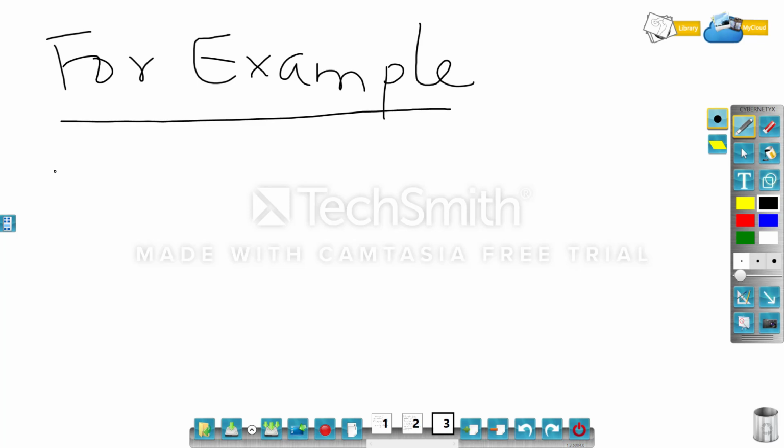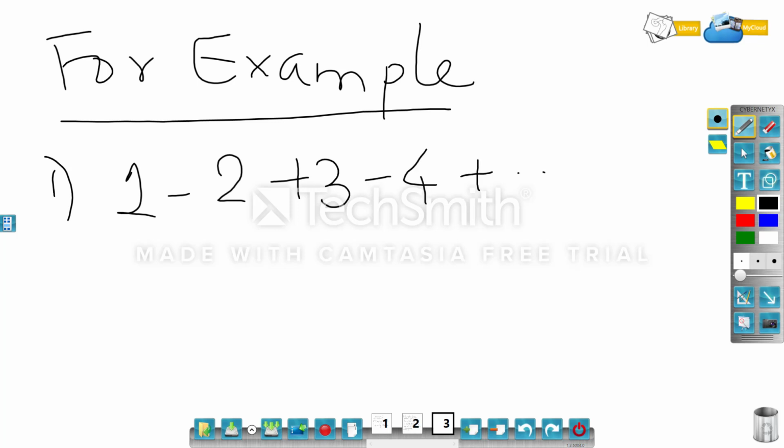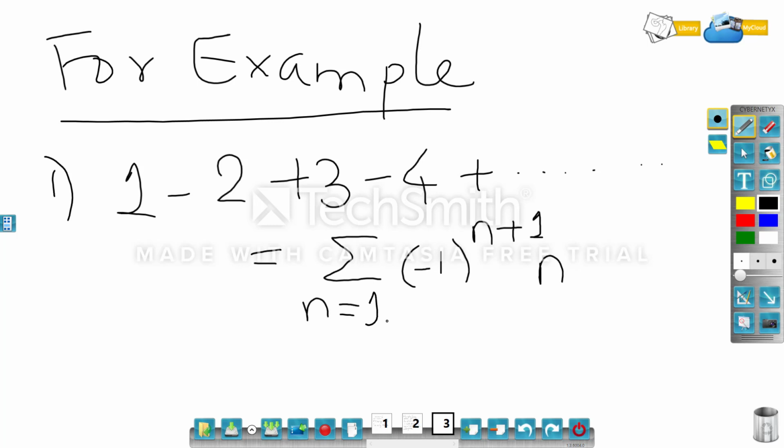Example number 1: 1 minus 2 plus 3 minus 4 plus ..., which is the same as sigma (minus 1) raised to n plus 1 into n, where n goes from 1 to infinity. If you replace n equal to 1, you will get the first term plus 1. If you replace n equal to 2, you will get minus 2, and so on and so forth.